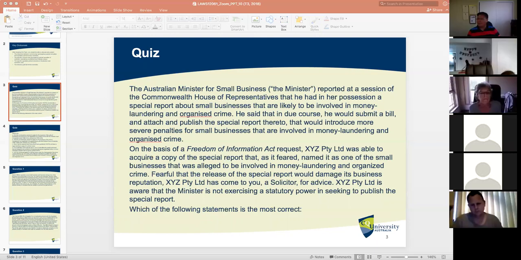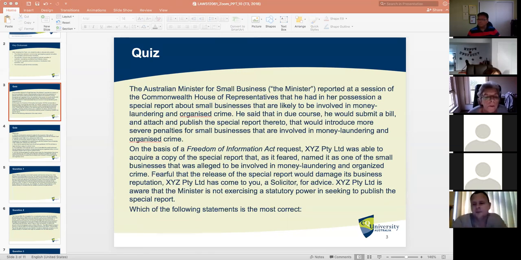The Australian Minister for Small Business, the Minister, reported at a session of the Commonwealth House of Representatives that he had in her possession a special report about small businesses that are likely to be involved in money laundering and organised crime. He said that in due course, he would submit a bill and attach and publish the special report thereto.